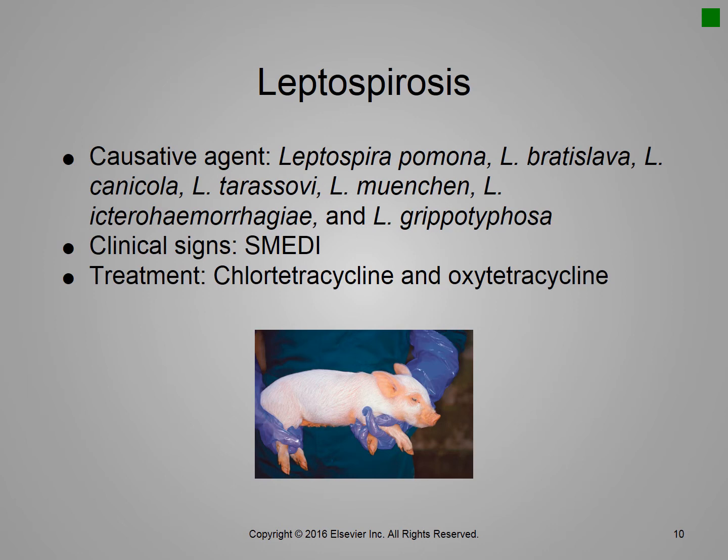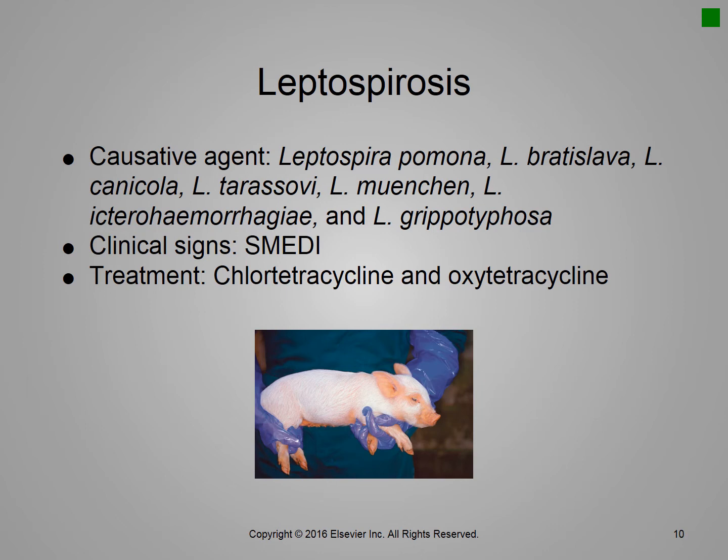Lepto, our old friend Lepto, shows up again. We all know about Lepto by now. All the Lepto names: Pomona, Canicola, Icterohaemorrhagiae, Grippotyphosa. Clinical signs are SMEDI. Treat them, like most leptos, with chlortetracycline or oxytetracycline.